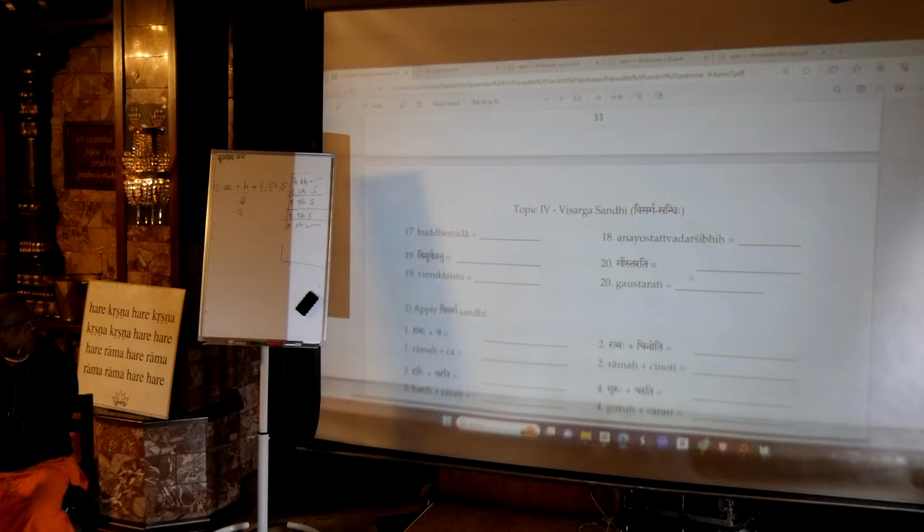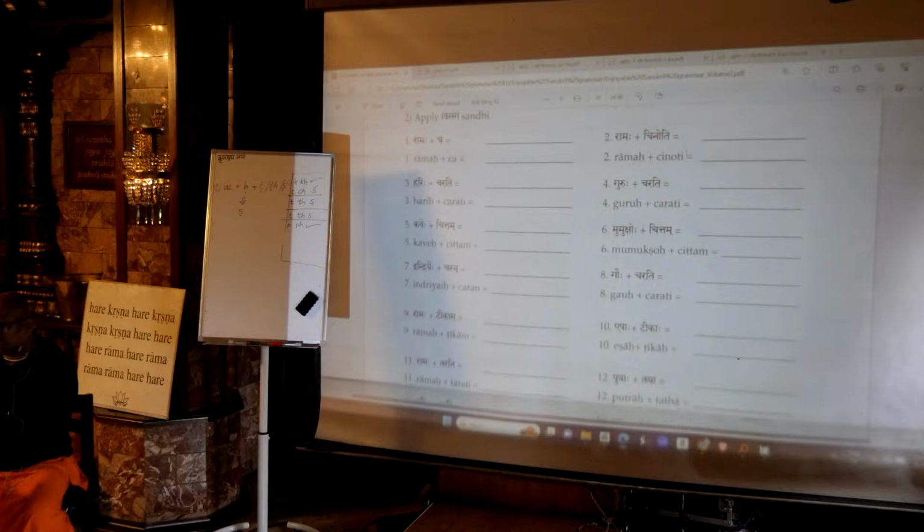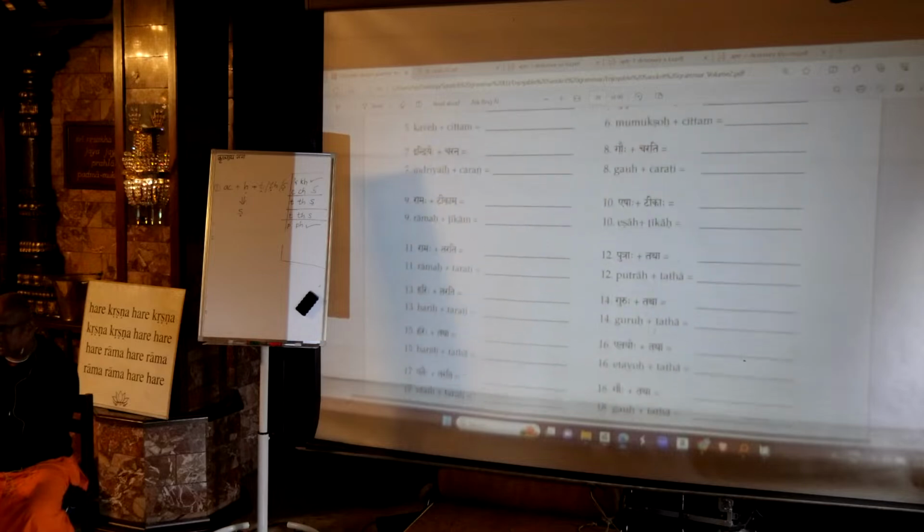So that is where it will be broken. That's it. Anayoho plus Tattvadarshibhi. Vimuktaihi plus tu. Gauhu plus tarati. Like that. Ramaha plus chinoti becomes Ramash chinoti. Kavehe chittam. Kavesh chittam. Eshaha plus tika. Eshaha plus tikaha. What will happen? Eshashtikaha. Sha. Like that. So this way.